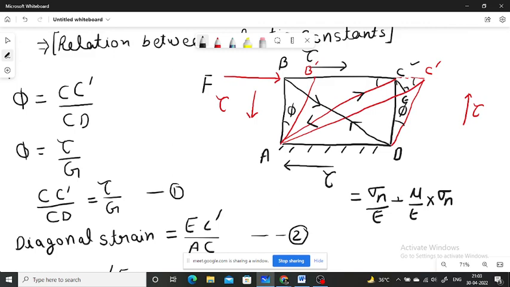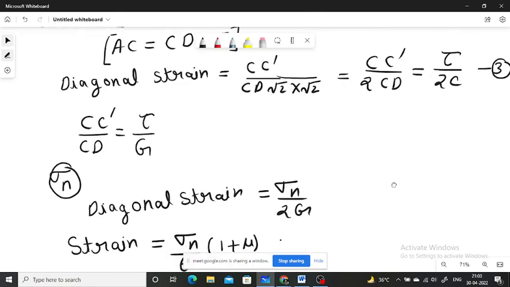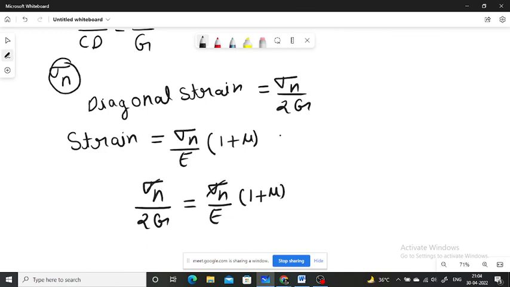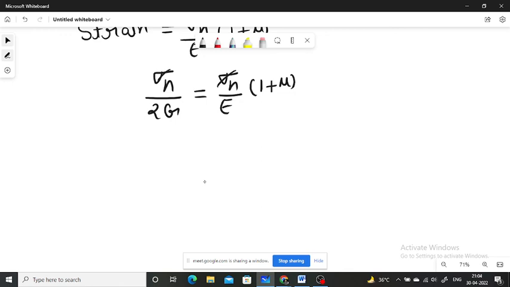So minus minus will be plus. So this will also be equal to the diagonal strain. So from these equations, sigma n upon 2G is equal to sigma n upon E into 1 plus mu, or say E is equal to 2G into 1 plus mu.